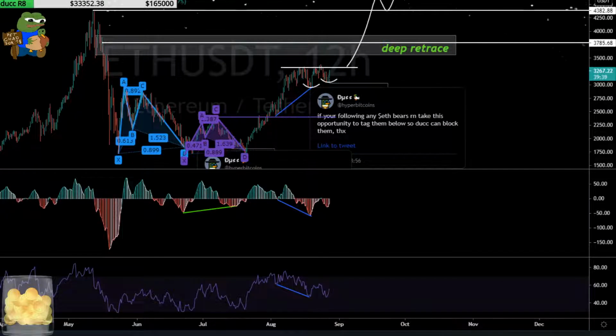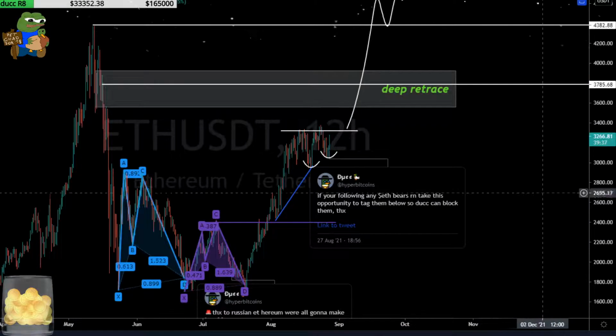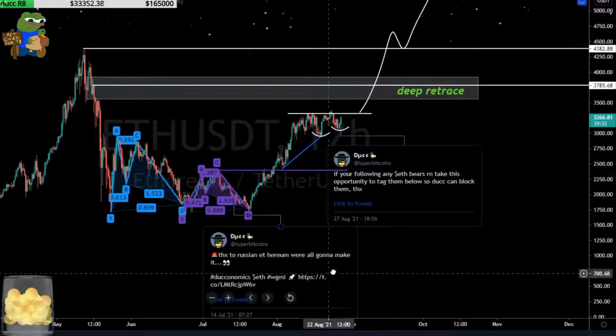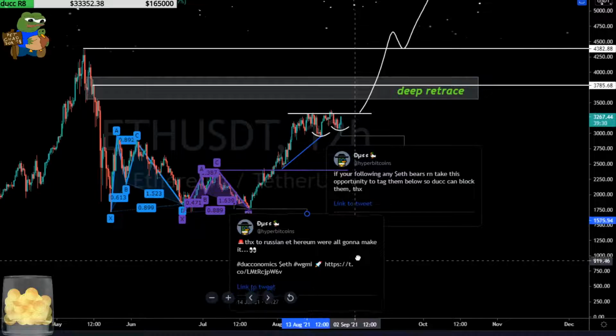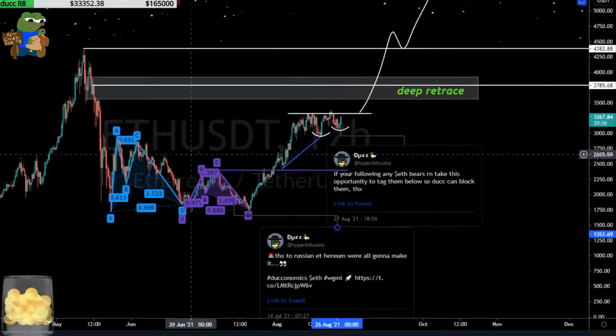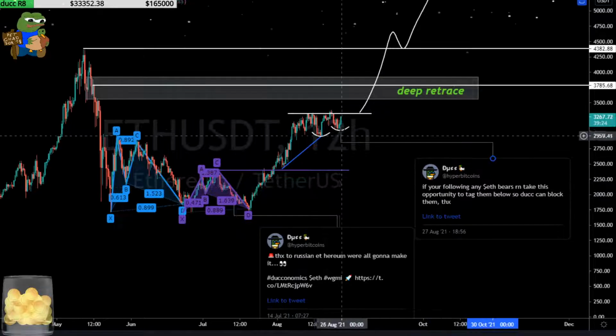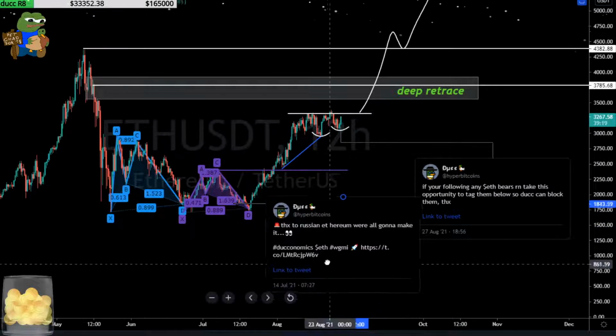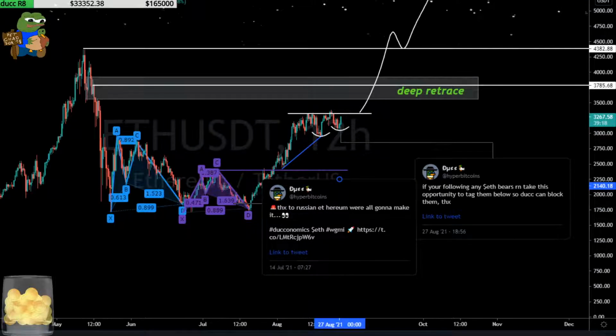Moving on to ETH. Oh yeah, check this out. This is what we were checking out earlier. This is TradingView. So basically what I did is I copy a tweet, right? And when you paste it into TradingView, based on the date of the tweet, it's pulling the data from Twitter metrics, right?